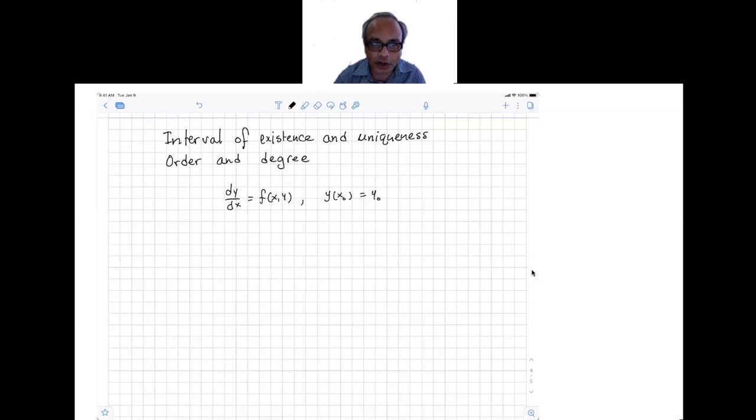If no condition is given, you choose an arbitrary condition. That means you need a pair of numbers x0 and y0, a value of your independent variable and the corresponding dependent variable y0, and then you look at f and its partial derivative.